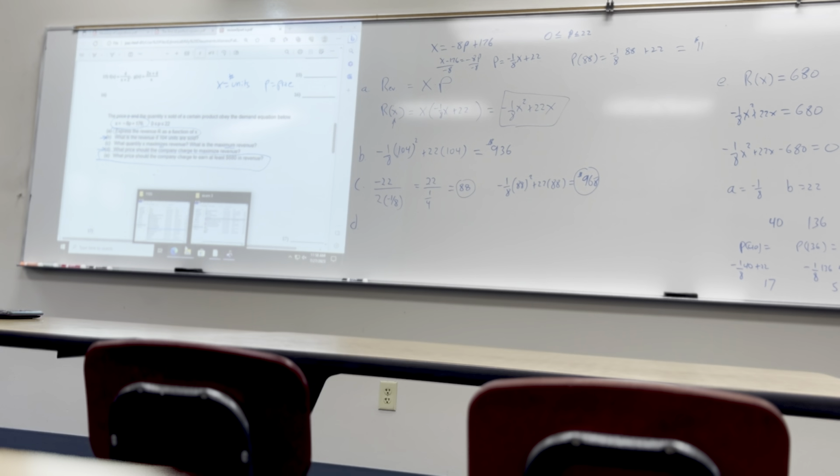Somewhere in here is $5 and $17, the ones that we just found, right? So between 5 and 17, this value up here will be 680 or higher, right? You see what I'm saying? Because the 5 goes there and the 17 goes there. I'm not drawing it to scale at all, so let's do it more like that. There we go. So that's how I know to charge, P is greater than or equal to 5 and less than or equal to 17.